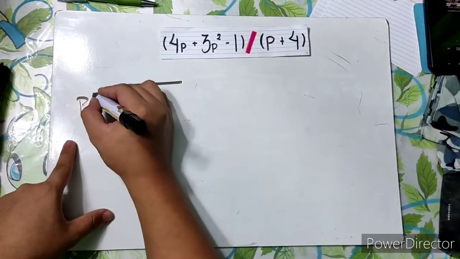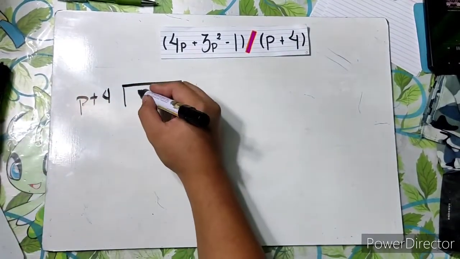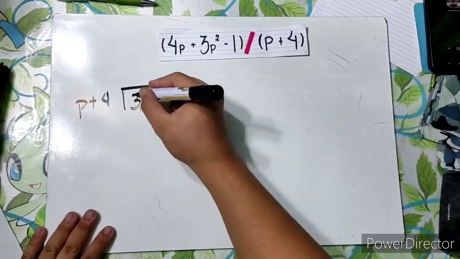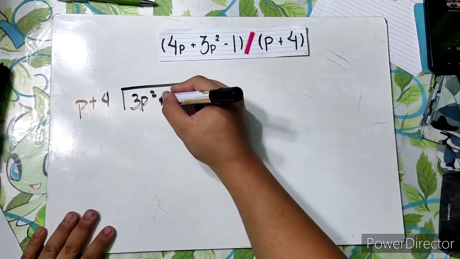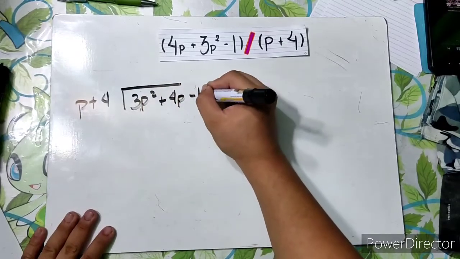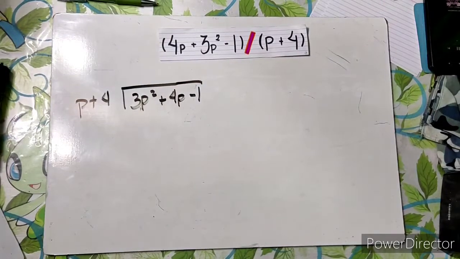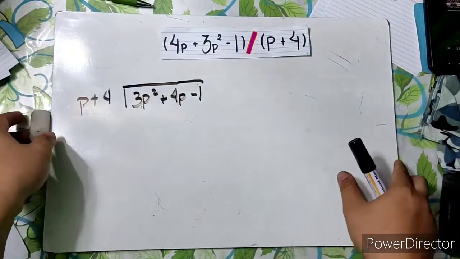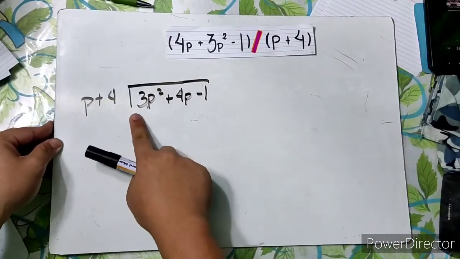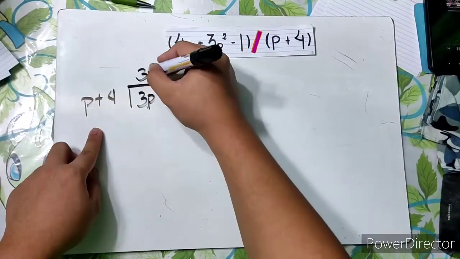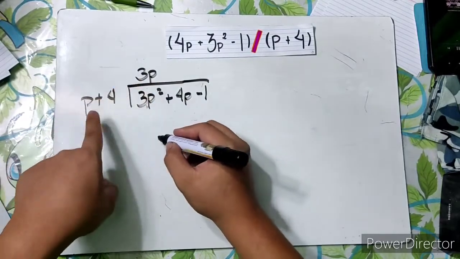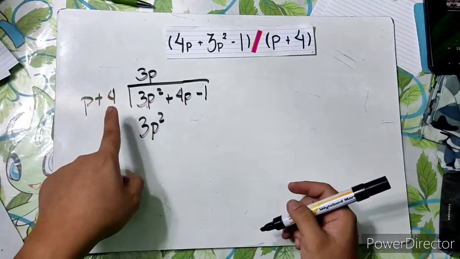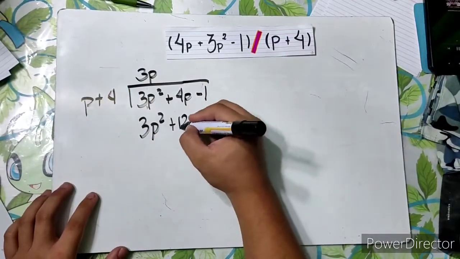So we put p plus 4 as the divisor, then we arrange the dividend according to exponent: 3p squared plus 4p minus 1. Let's think of a number that can be subtracted to 3p squared. So it can be 3p. Then 3p times p is 3p squared. 3p times 4 is 12p.